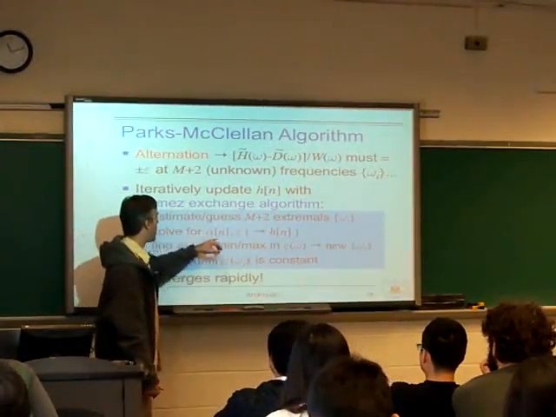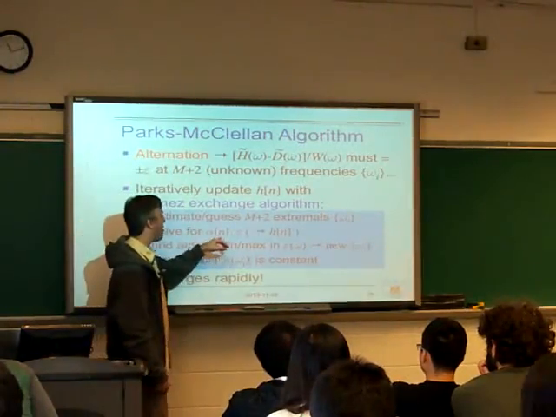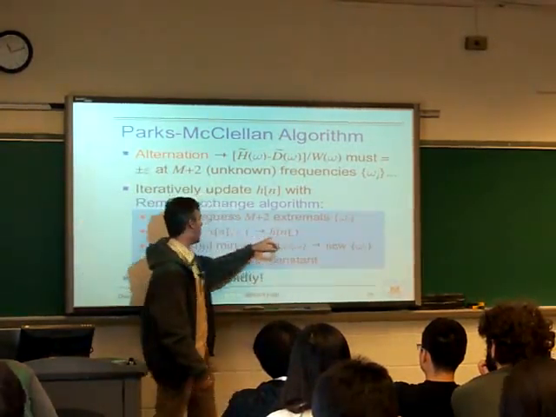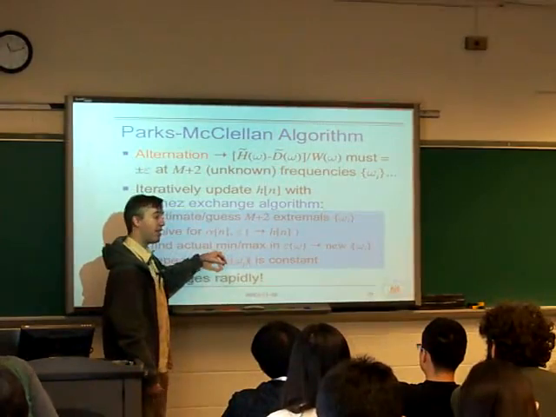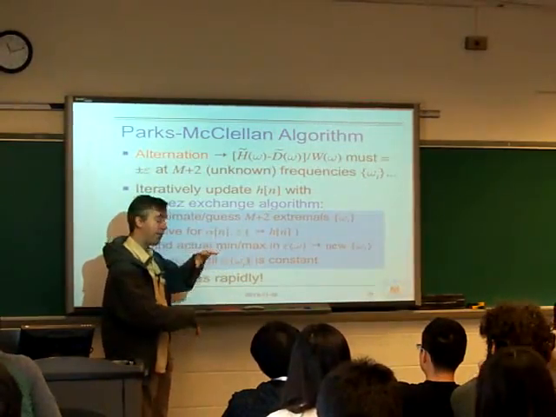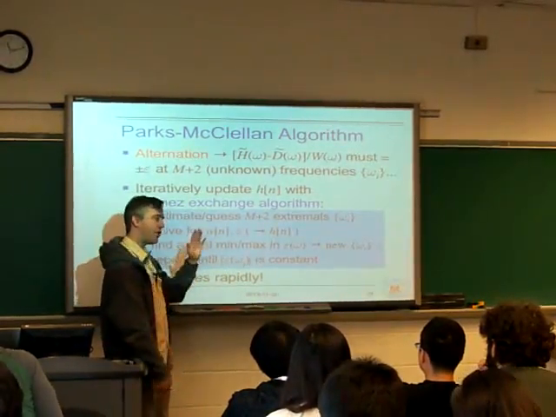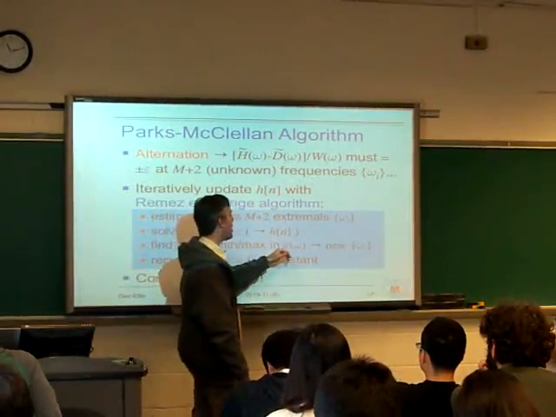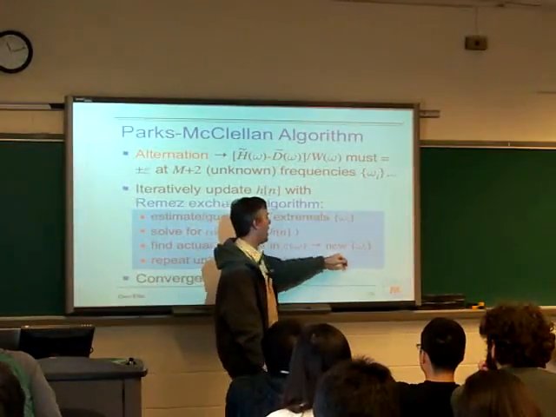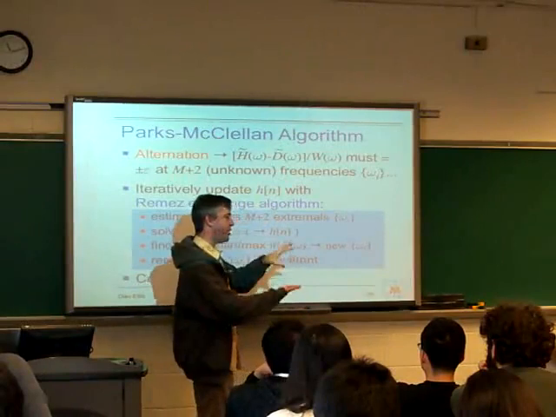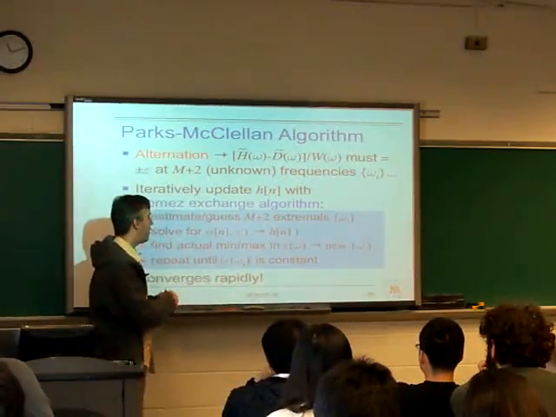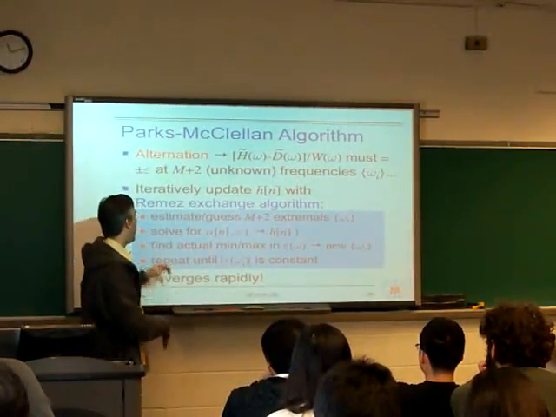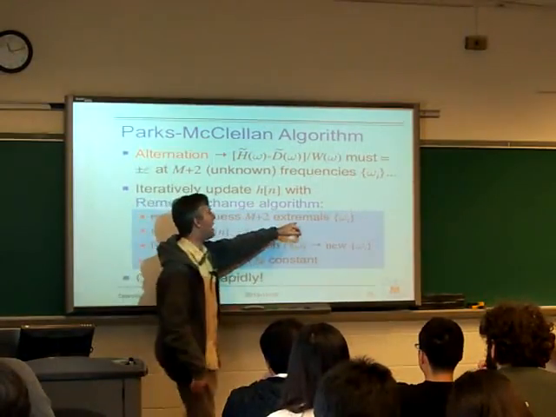So then I find this polynomial, but although it's guaranteed to go through these points at these values, epsilon, it's not guaranteed that those points are the extrema. And so then it's like, oh, the actual extrema are these different frequencies. I can find out where these frequencies are and get a new set of omega i's, which are presumably somehow closer to where those frequencies should be. And then I plug them in here and I loop around.